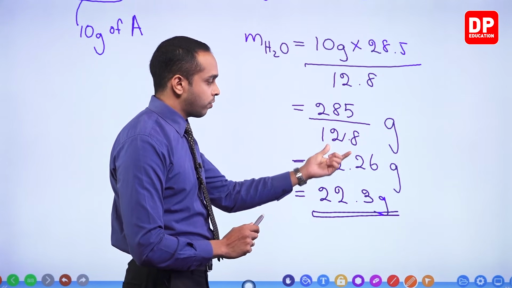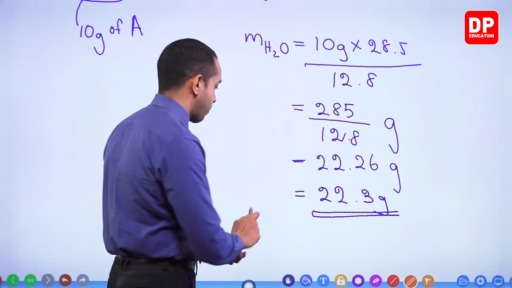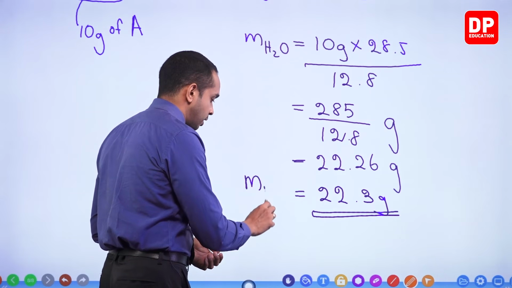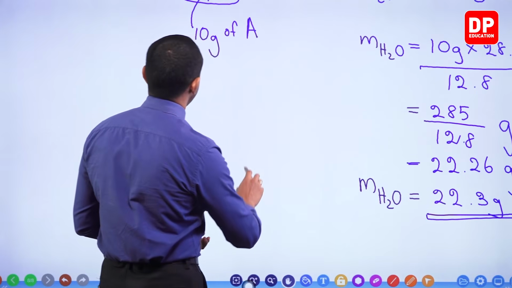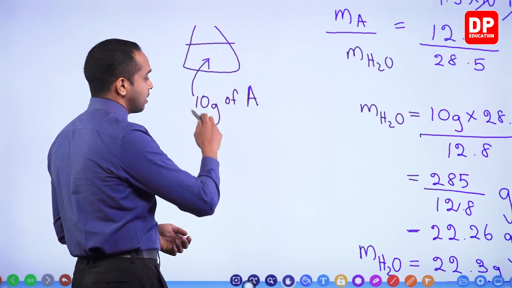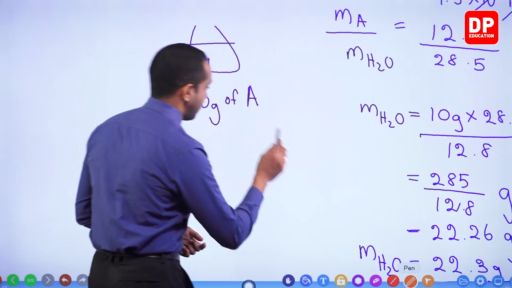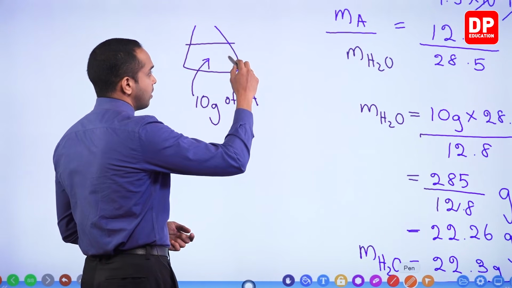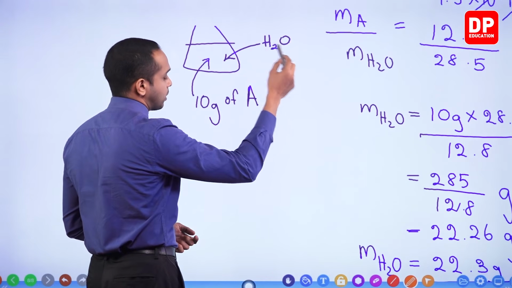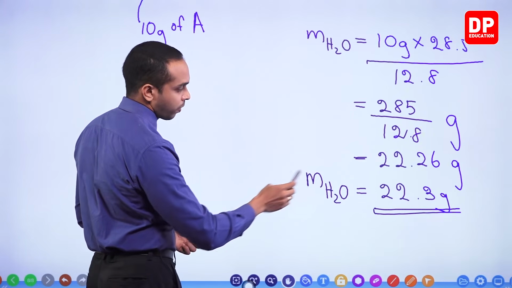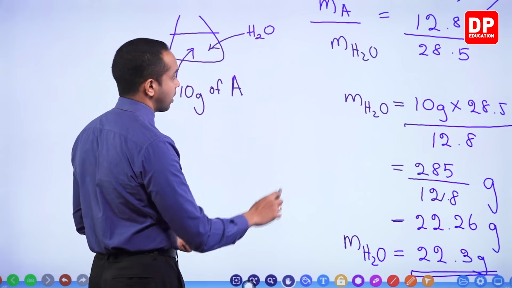So when you solve this, we get the mass of just the H2O. So the question is, when you have a distillate that contains this many grams of A, what will be the mass of just water? The mass of just water we just found out, in that distillate it should be 22.3 grams.